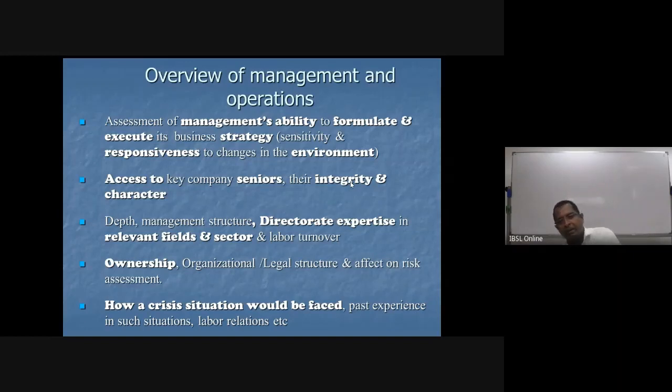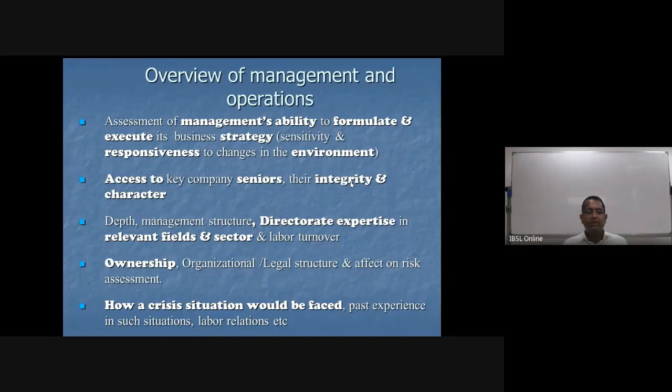So directorate expertise in relevant fields and sectors is very, very important. Then the labor turnover. Human resource is the most critical resource. If the staff start going out, we can't run a business properly.